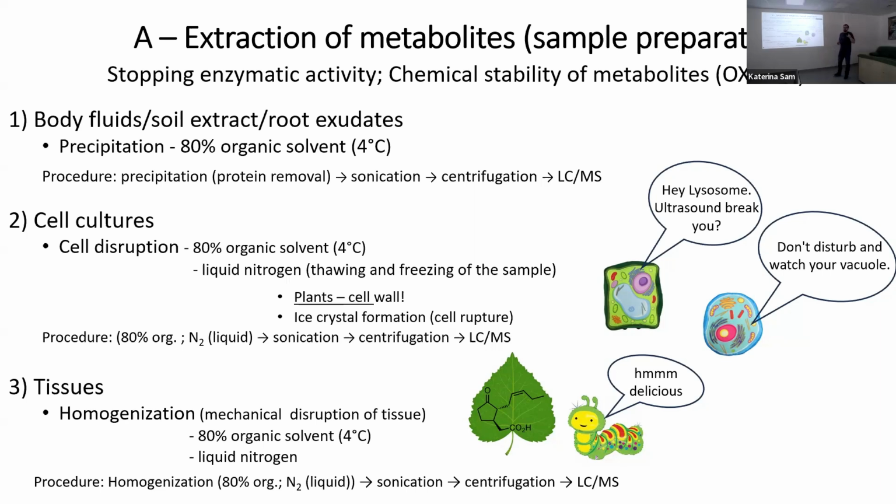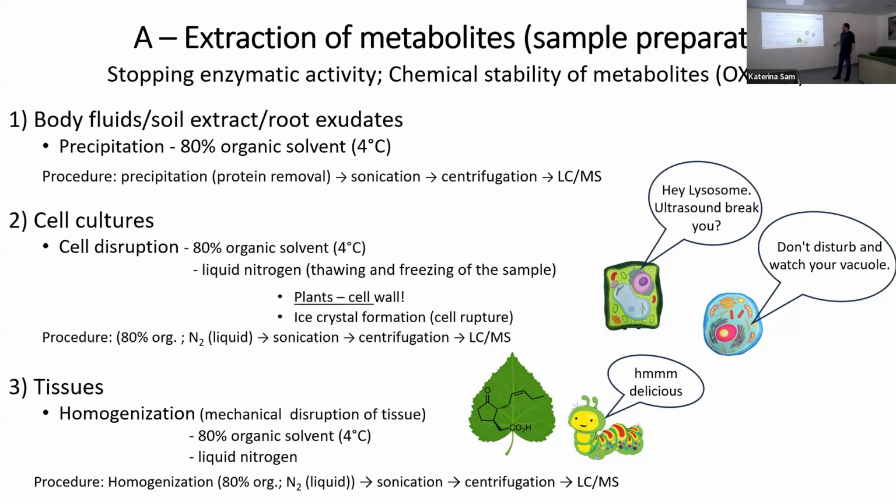Typically, we use the freeze and thaw procedure with liquid nitrogen. For a lot of normal, I mean non-plant samples, we typically use only the extraction to the organic solvents, and then we use the ultrasonic bath.